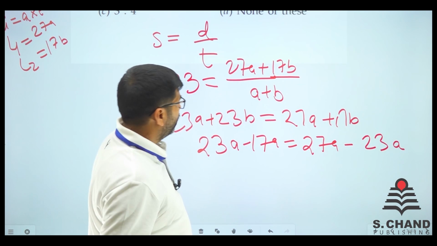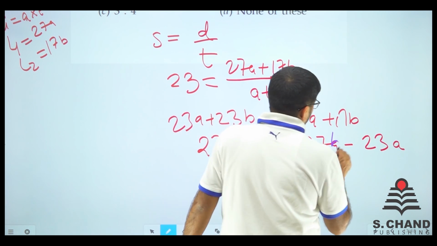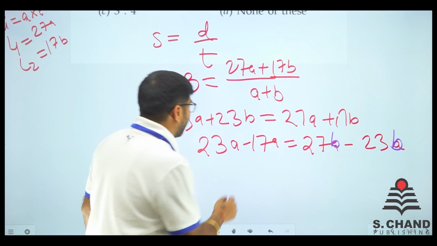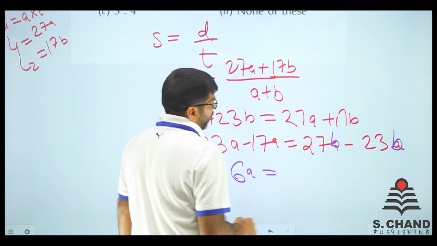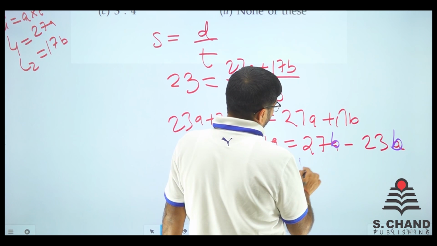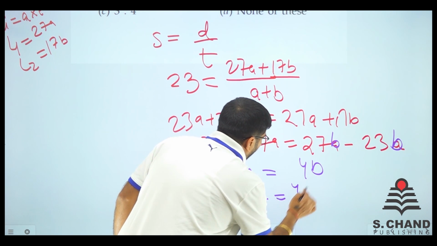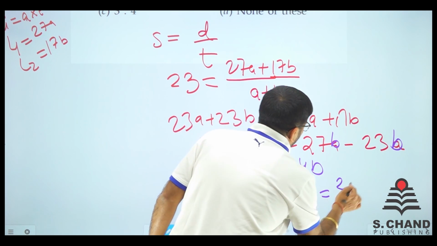Right? We have all the A's here and the B's here. So 23 minus 17, that is 6A, is equal to 27 minus 23, that is 4B. So A by B is equal to 4 by 6, that is 2 by 3.